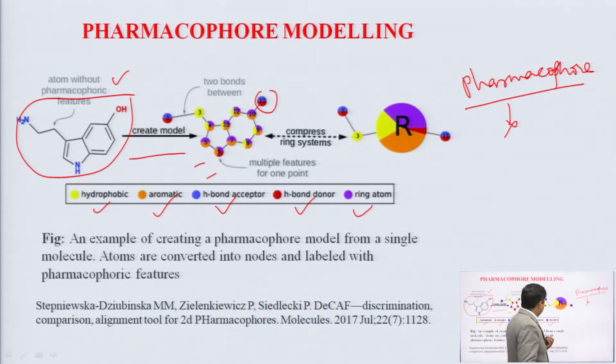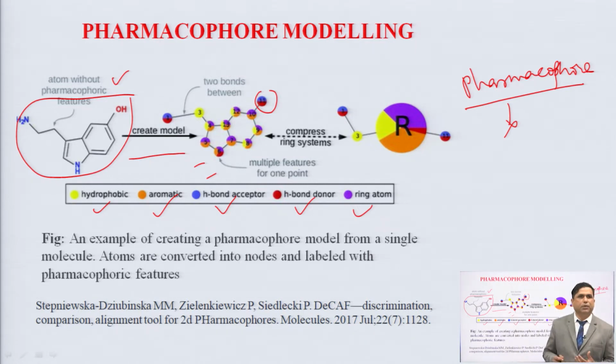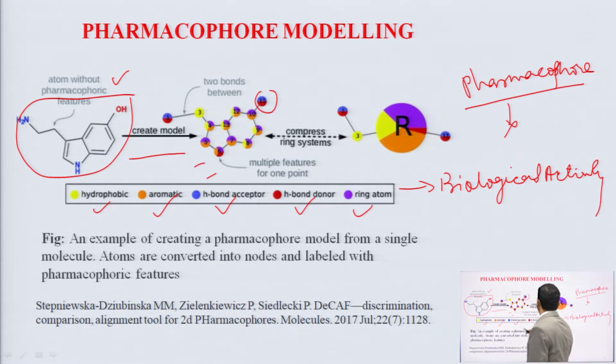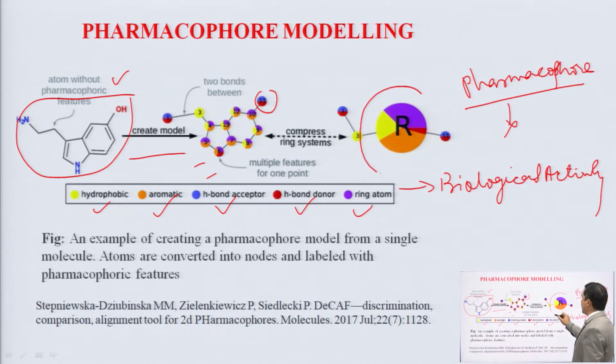What basically happens when we create the model? After creating the model, these hydrophobic, aromatic, hydrogen bond donor and acceptor properties perform the activity. These are responsible for biological activity. This is an example of the pharmacophore, and here we have a ring system.